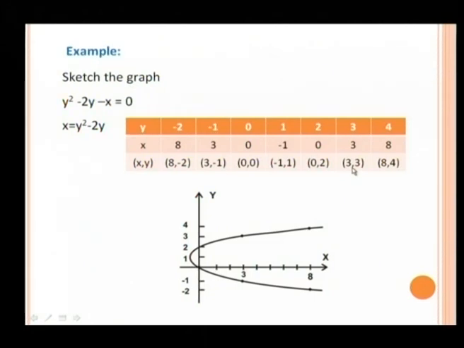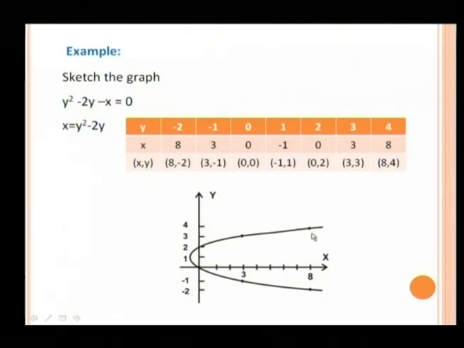For the next ordered pair, which is (3, 3), we will consider 3 as an abscissa and 3 as y ordinate. So we will have this point. To draw the next ordered pair, which is (8, 4), we will consider 8 as an abscissa value and 4 for y ordinate.